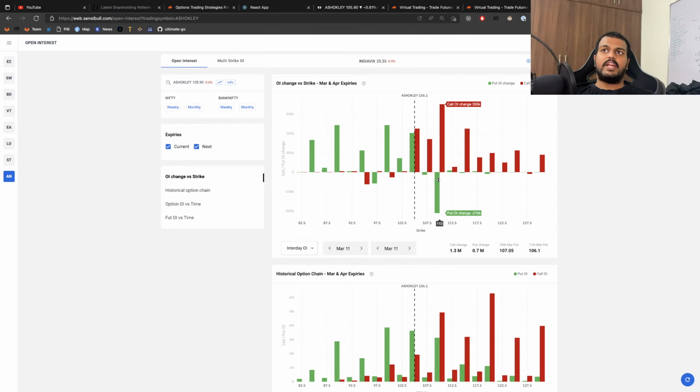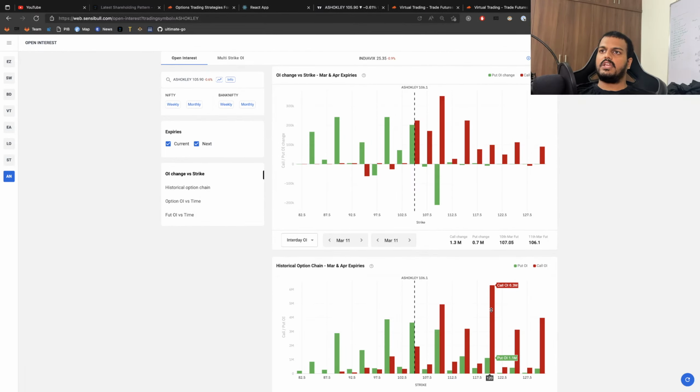Puts might have been created because of the downfall. So most of the investors might have turned into buyers rather than sellers, and now they might be exiting, or let's think like that optimistically. And now there are huge call creations. This indicates bearishness, and historically 120 is a strong resistance, and it is sticking out.